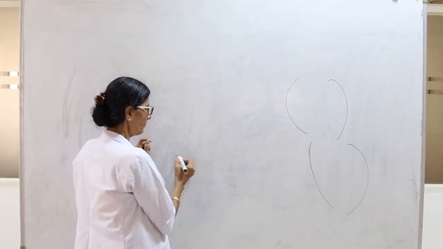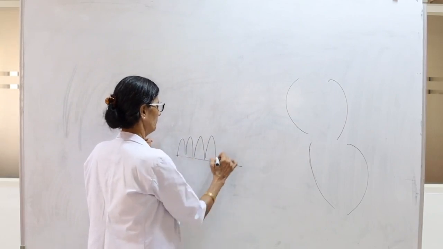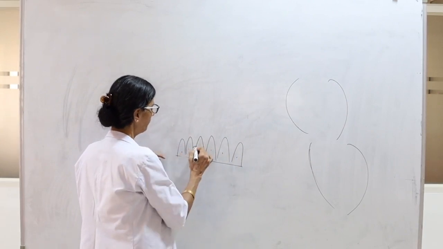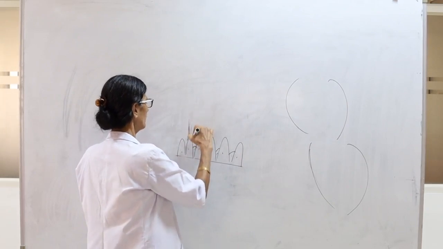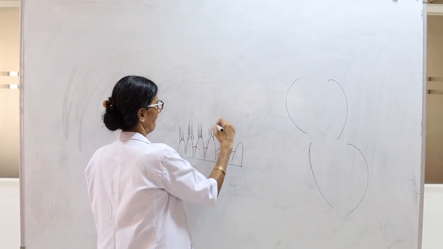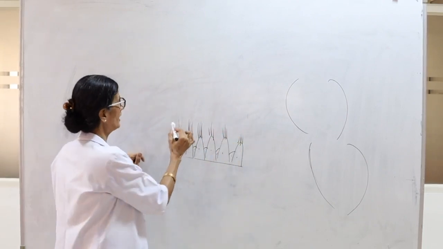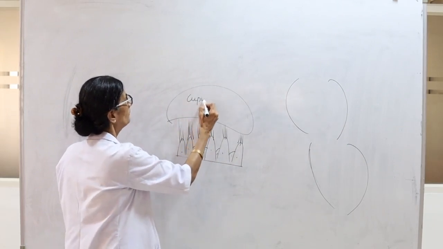Here again it is the epithelium that is thickened, with in between we have the supporting cells, and these are also ciliated just like the other one. And we also have the gelatinous material, which is a cupula.